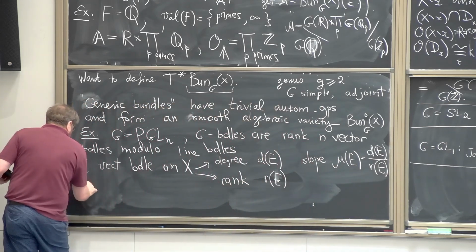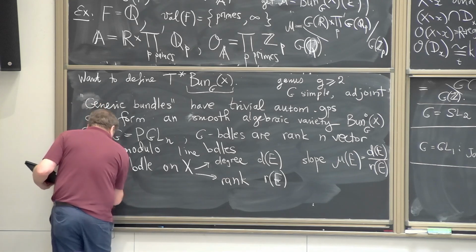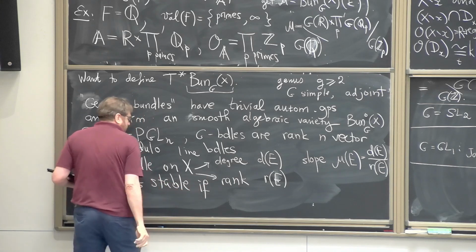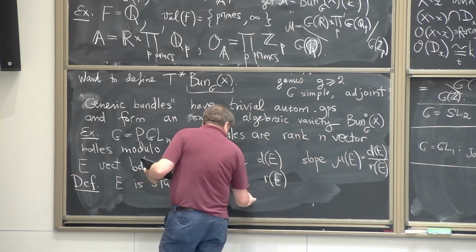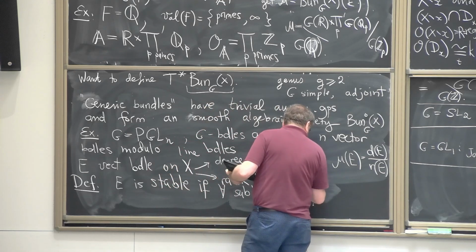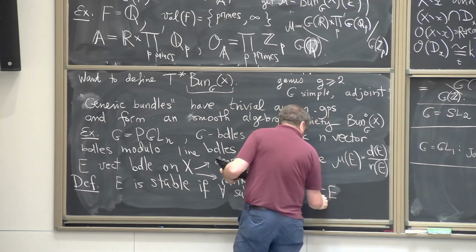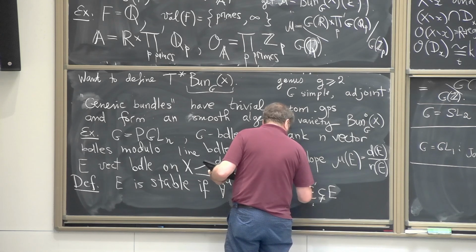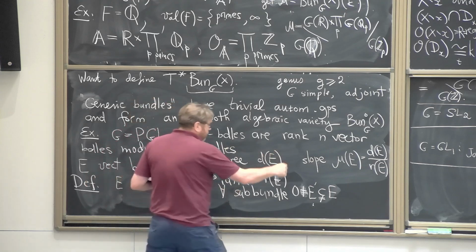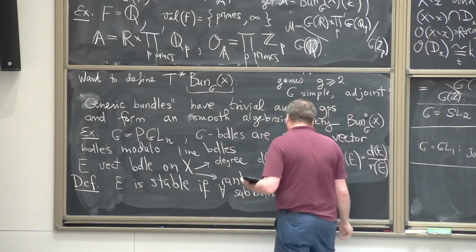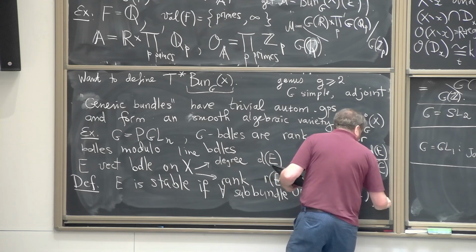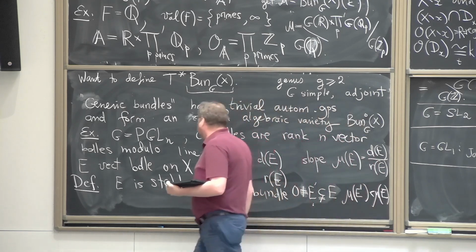And the definition says that E is stable if for every subbundle E prime inside E, which is strictly contained in E and not 0, because for the 0 bundle we cannot define this ratio, but for every such subbundle, the slope of E prime is strictly less than the slope of E. So that's a very important definition.